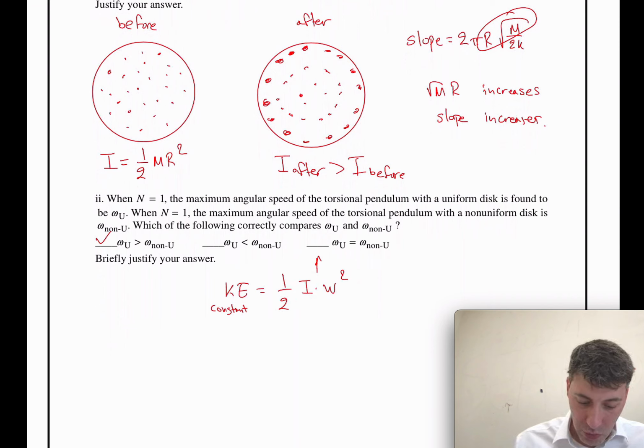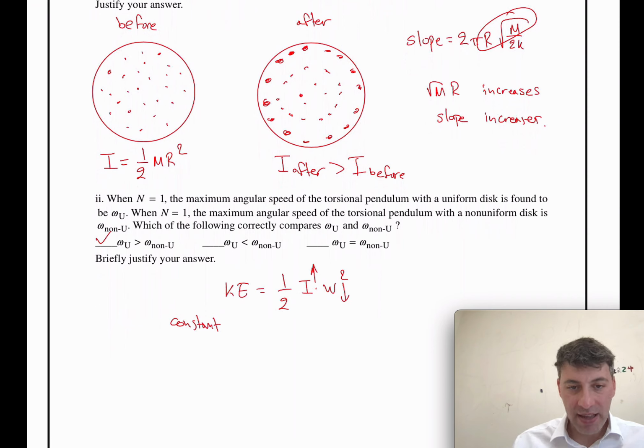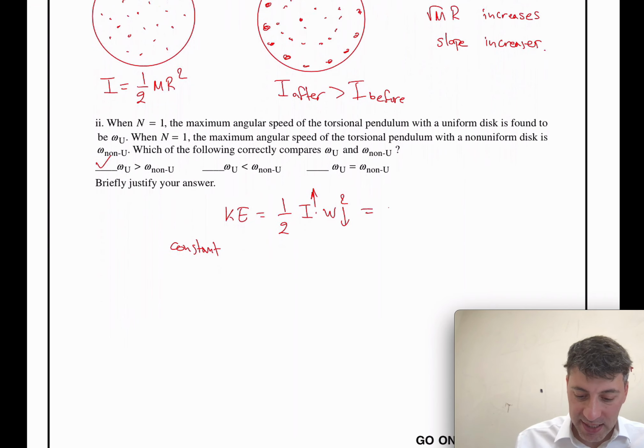However, in order to justify the answer, either we explain with words that the kinetic energy remains constant and the new moment of inertia increases, so this will result in a smaller omega, or because it is constant, 1 over 2 I uniform times omega uniform squared will be equal to 1 over 2 I non-uniform times omega non-uniform squared.